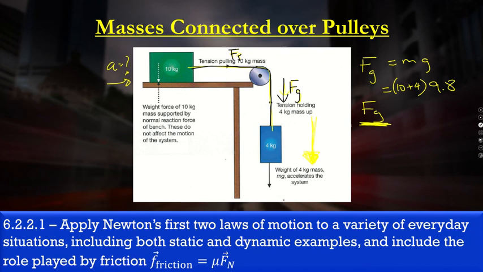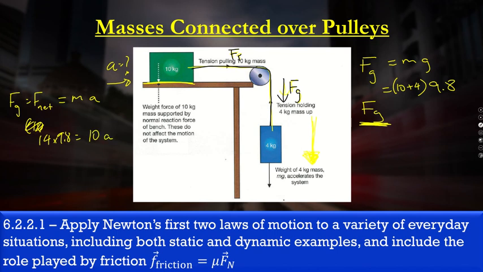So if we want to find the acceleration of this block here, we already know what the weight force is. The weight force will equal the net force on this particular block. So the net force equals mass times acceleration: 14 times 9.8 equals our mass, which is 10, times a.